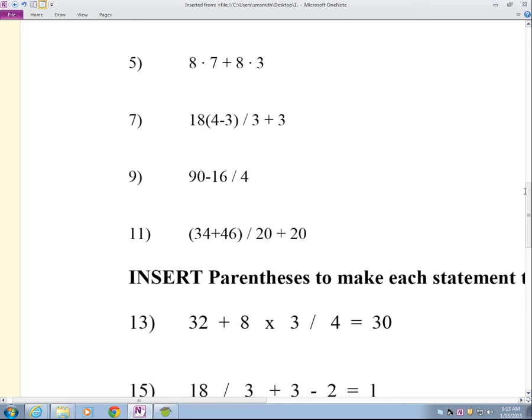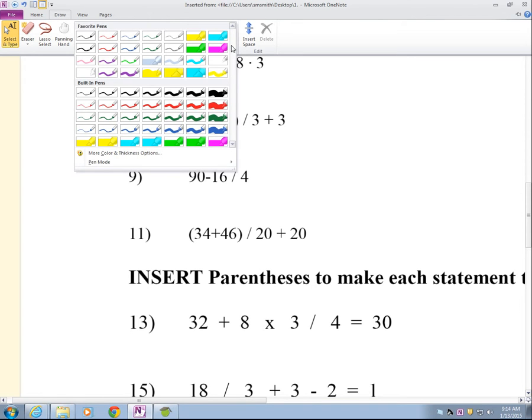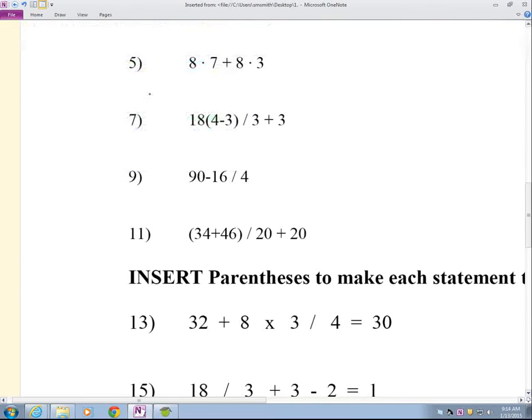I'm going to rewrite this guy as this. Let's do number 7, yeah. Is that how it's supposed to be, you think? Okay. Yeah. Rewrite it like that.